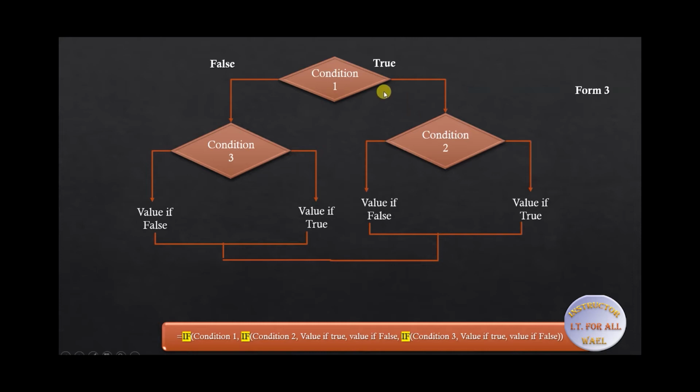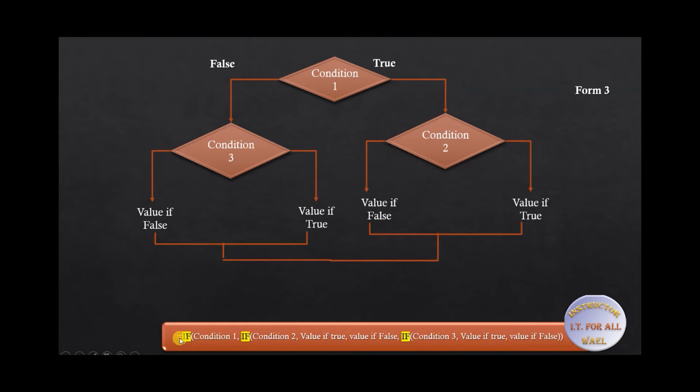Here we have the first component, the condition 1, the regular condition, and then the true value, but the true value is another if statement with both true and false. Then the false value of the main if function is another if function underneath with its true and false value.